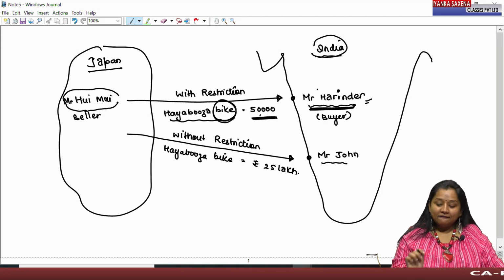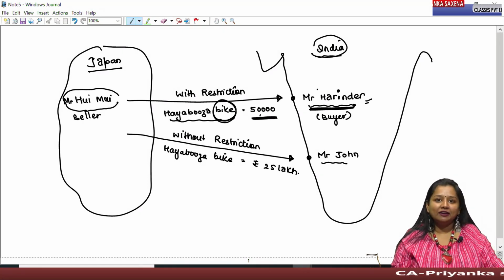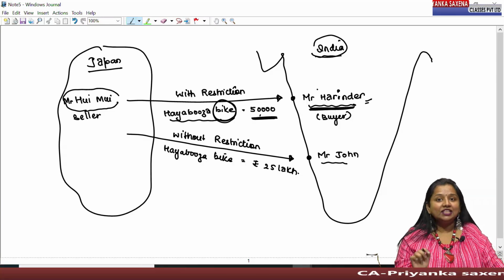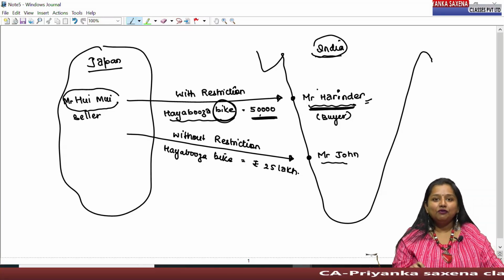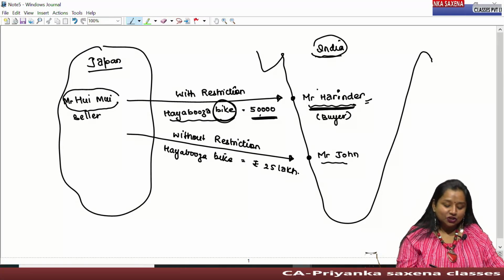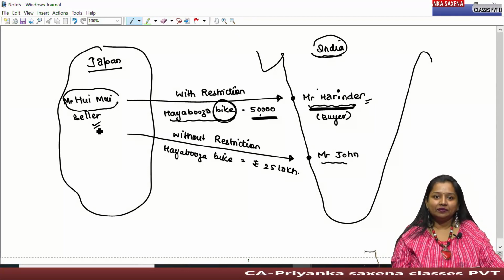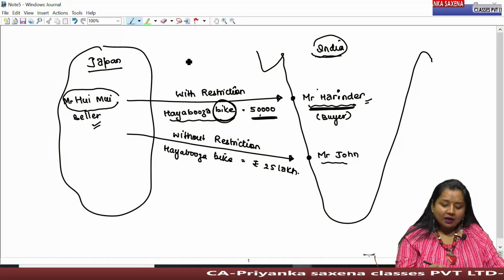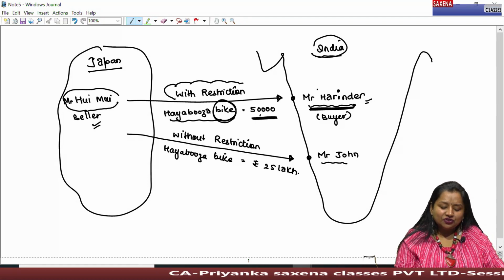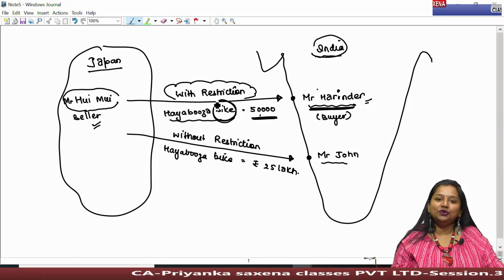That means whenever and wherever Mr. Harinder uses this bike for any purpose, then he shall be liable to inform about such usage to the seller. Now tell me, can such kind of restriction be imposed during sale of goods?